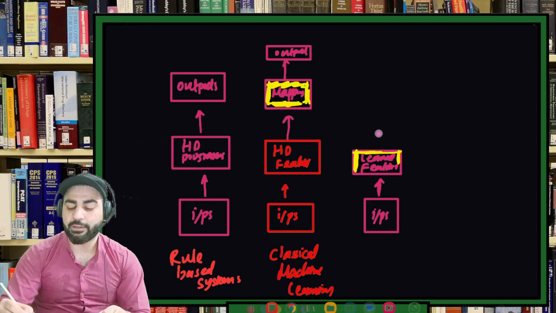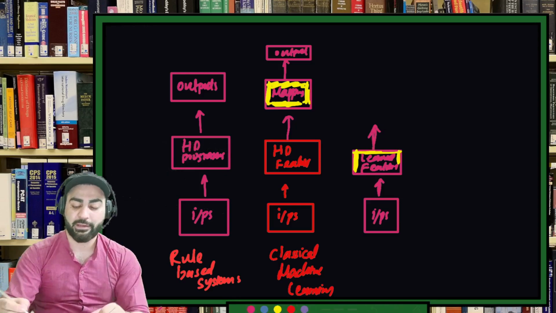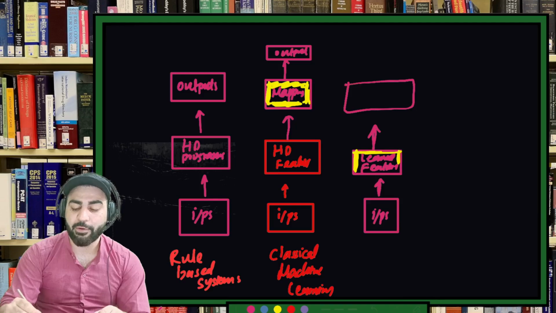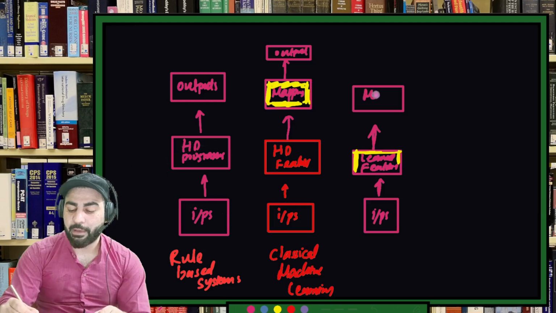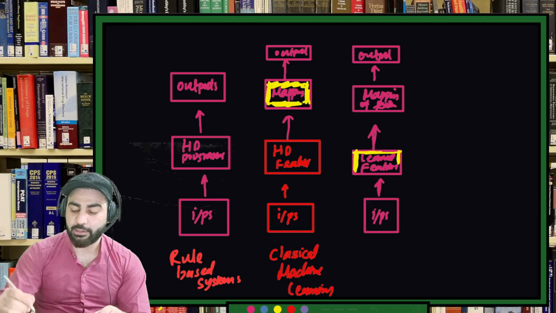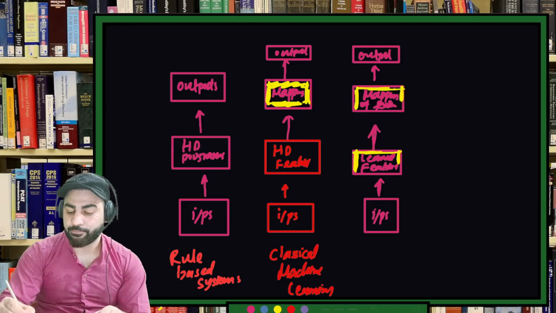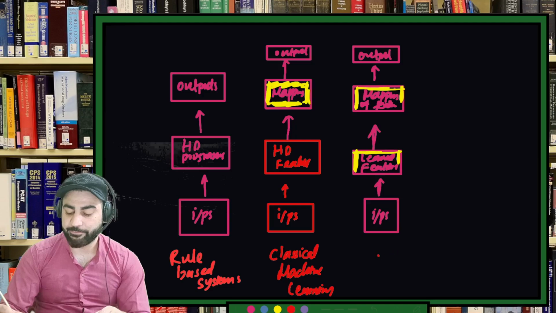And after these learned features, we also learned the mapping of features to output. We learned this also. This was our representational learning.